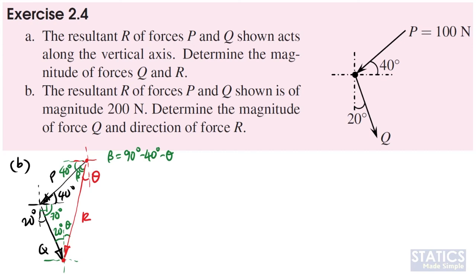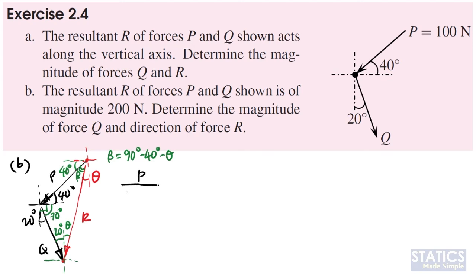We will start off by determining the magnitude of R. We can write R squared equals to P squared plus Q squared minus 2 times PQ cos of angle opposing R, in this case 70 plus 40 degrees. We can use sine rule to get the following equation.